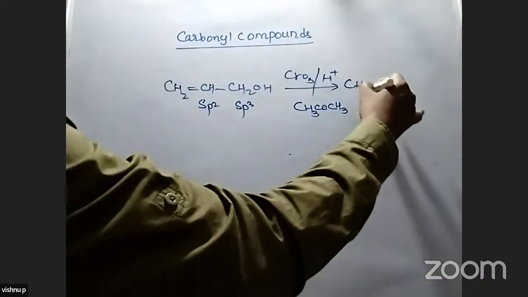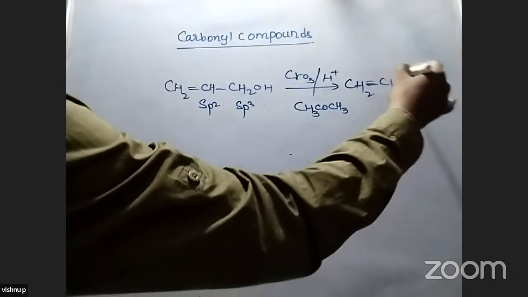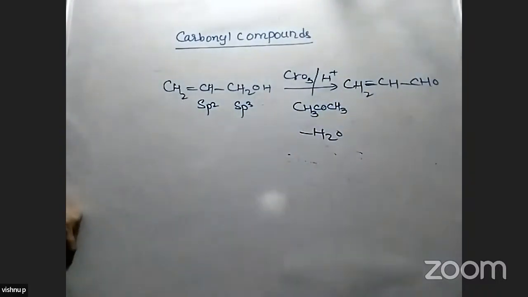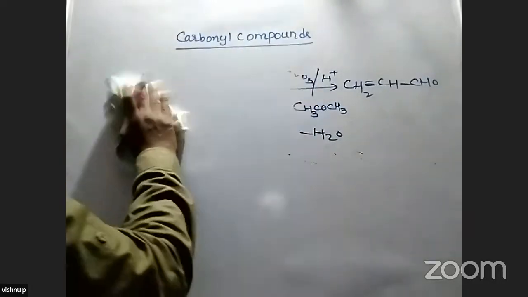This unsaturated alcohol, which is a primary alcohol, is oxidized and stops at the aldehyde stage only. So this is a preparation of carbonyl compounds, and from primary alcohols only aldehydes are prepared.